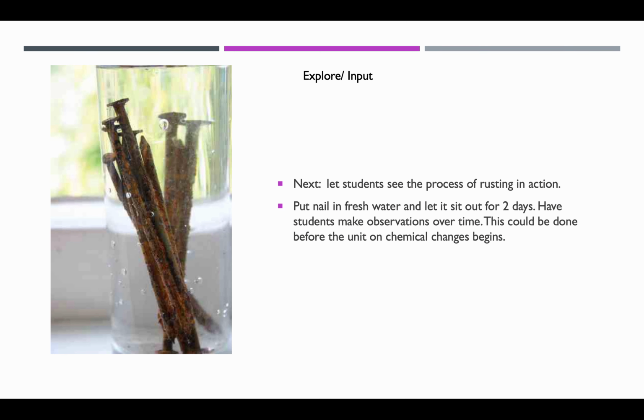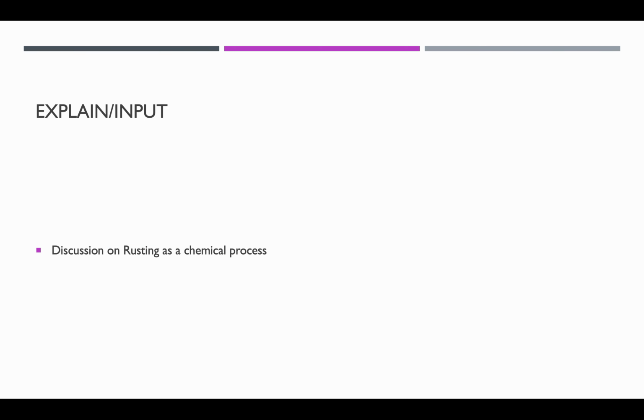The next piece that I do is I let kids experience what rusting looks like over time, and so we see that it's sitting out for 2 days. It's just water. I'm not changing multiple conditions at this point. I'm just allowing them to see the water. And then, of course, I do direct teaching. Maybe we see a video. Maybe I do the elephant's toothpaste.